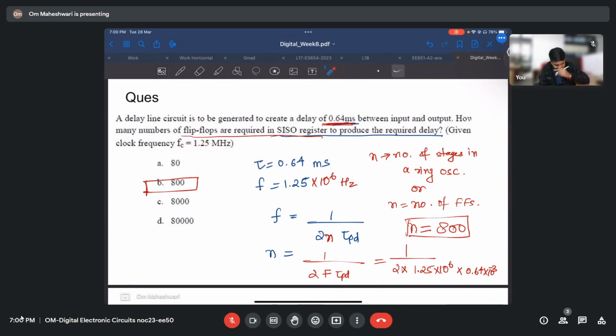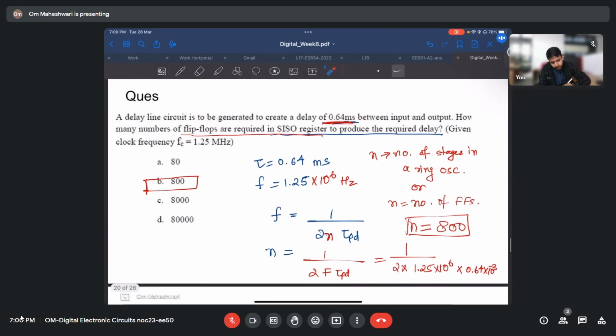So to generate this total delay, how many flip-flops do we need? So we need to find n into 1 by 1.25 into 10 to the 6 equals 0.64. That is what we are doing here.